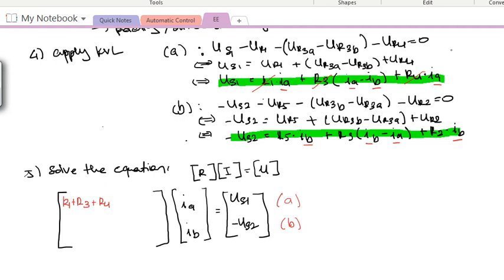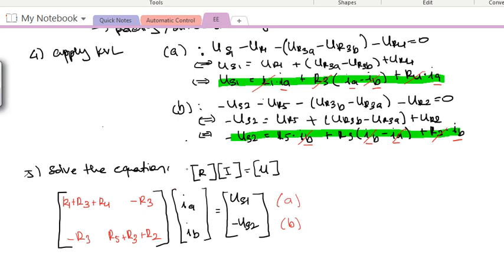And what is multiplied by IB? That is minus R3. In the second equation, what is multiplied by IA? We have only minus R3. And what is multiplied by IB? We have R5 plus R3 plus R2, right?